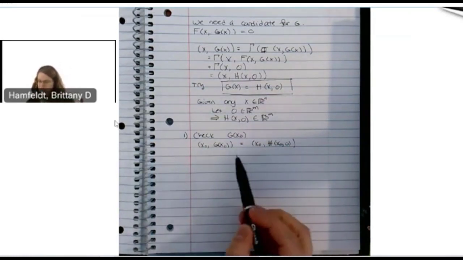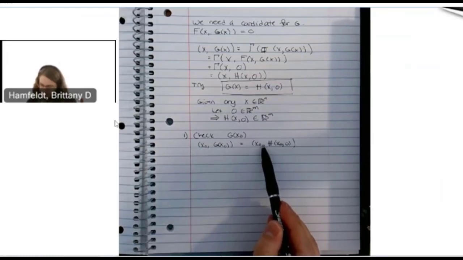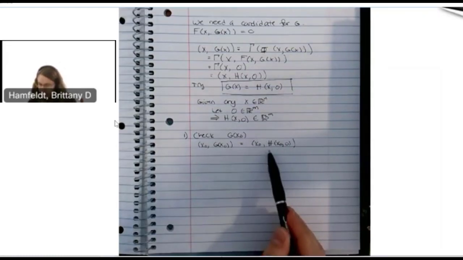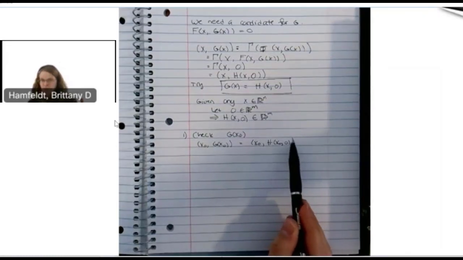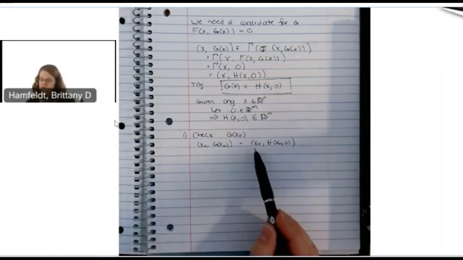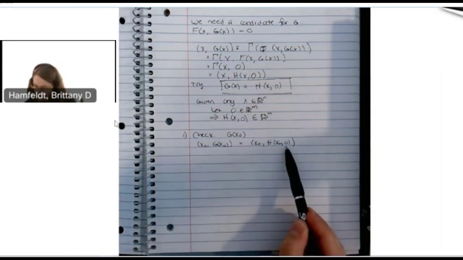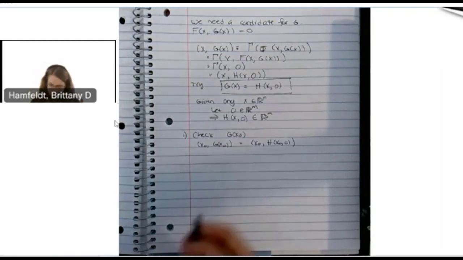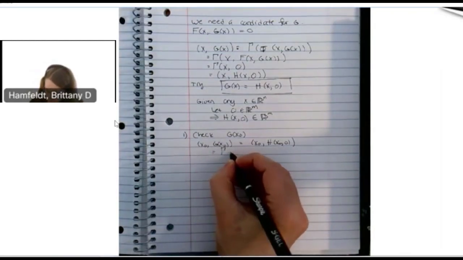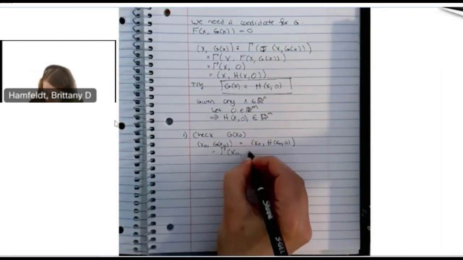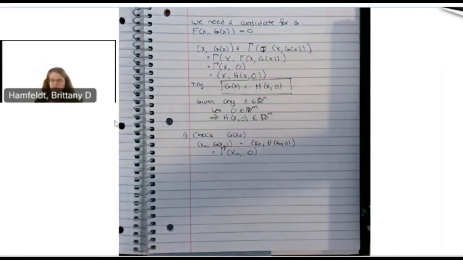We said gamma has its first components x, its second components h. So this gives me gamma as long as I let x equal x naught and I let v equal 0. So this is exactly the structure of gamma, but just at this particular point.